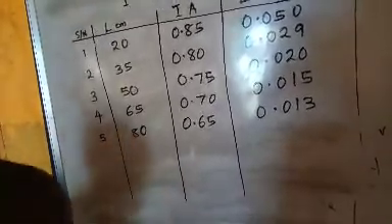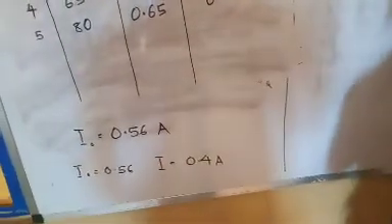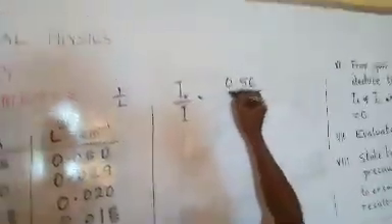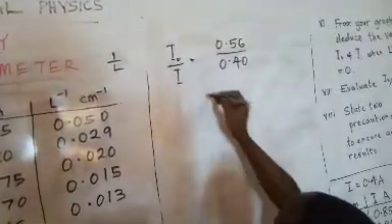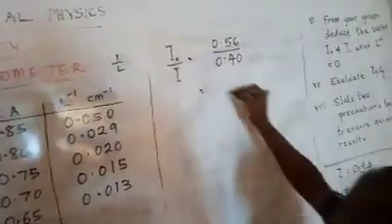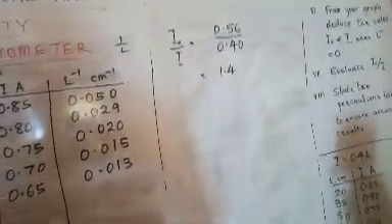We now have I0 over I1 is 0.56 divided by 0.40. Okay? Now, what do we have? We have 1.4. Is that the answer? Yes.